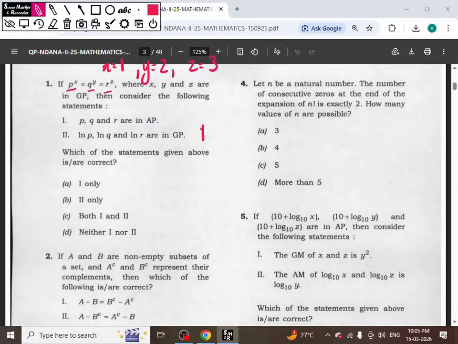So p equals q squared equals r cubed. Let us take any number. Let us take p equals 2, then q will be 4, and if q equals 4, then r will be 16.